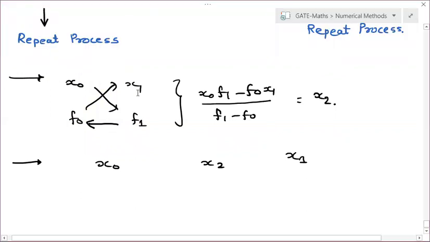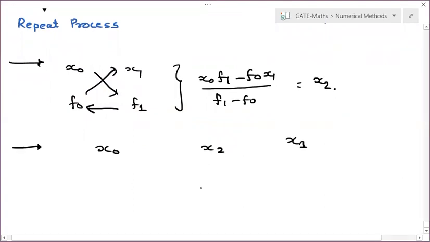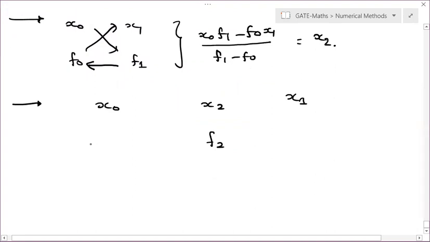Now, again, based on your value of F2, you have to determine at which interval you should move. Suppose you have already determined your interval. Now you have two options: either you will choose this interval or this interval, right-hand side or left-hand side. So I will show you both the intervals. Suppose you are choosing the left interval.